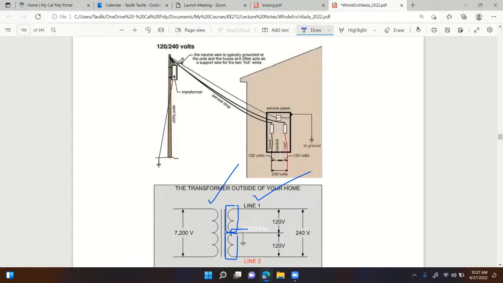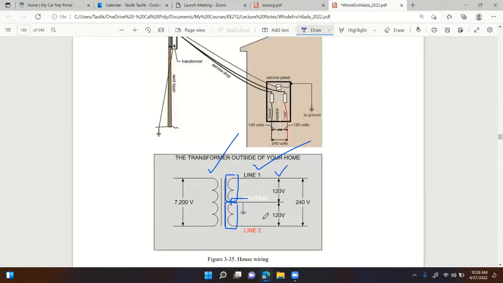And yeah, the transformer that is sitting on the power pole around your house, right by the street in your neighborhood, is connected to your house and provides power to your house. And usually from that transformer to your house, they would run 3 wires, right? Line 1, line 2, right here, and the third one is the neutral wire.